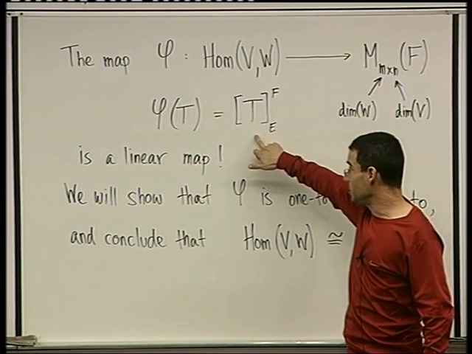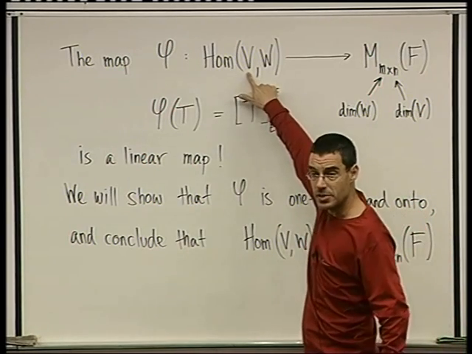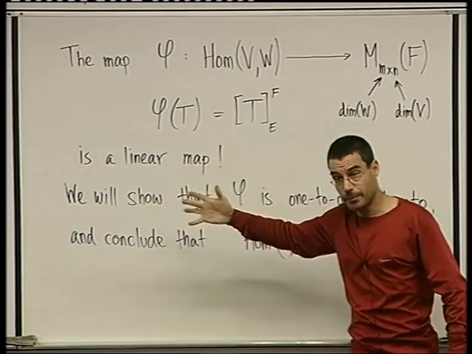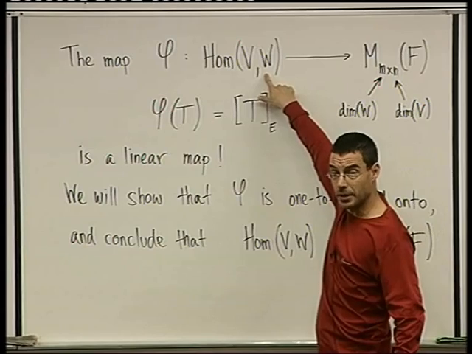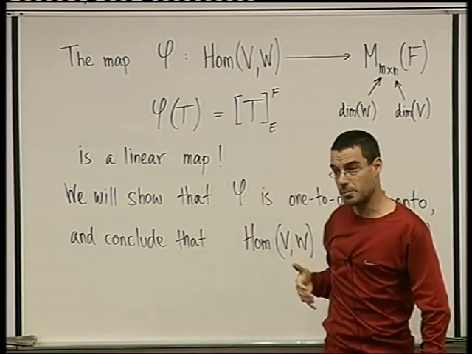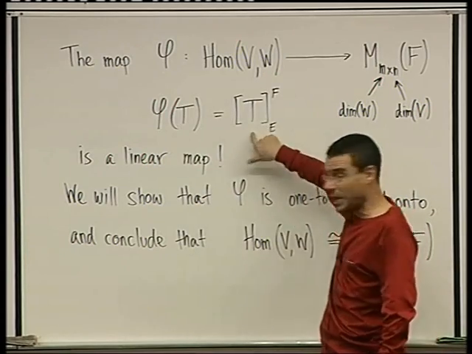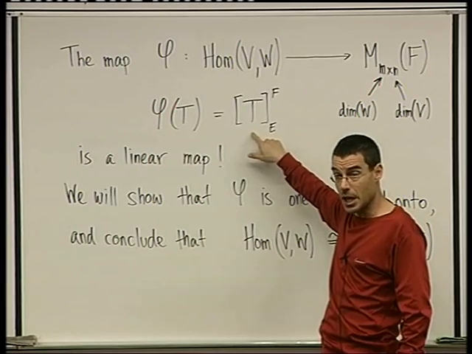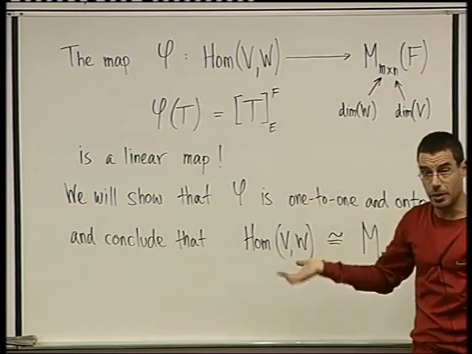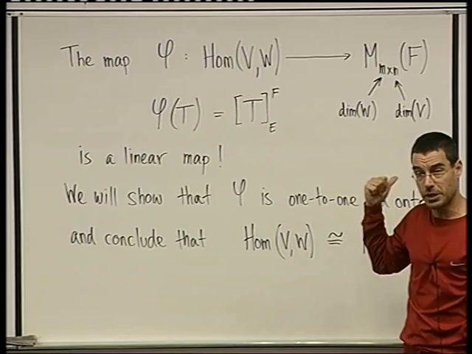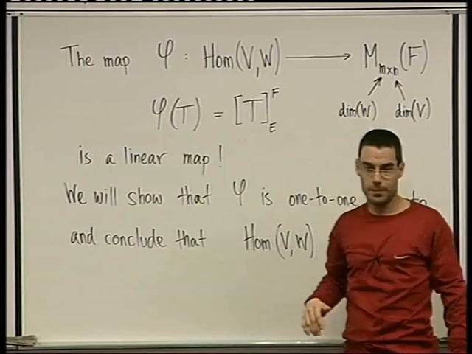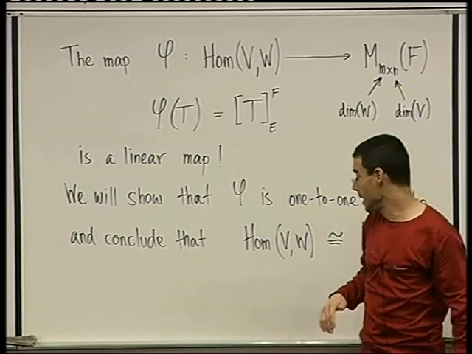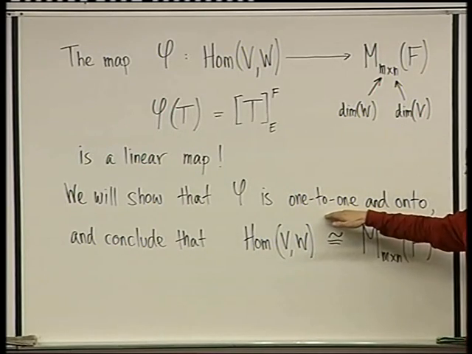We take basis elements here, apply T to them, write each of them as linear combinations of W, take the coefficients and transpose. That's how we constructed the matrix representation. The only way to get all zeros is if we started with the zero map. We're going to write that formally in a minute. That's going to prove that it's one-to-one.